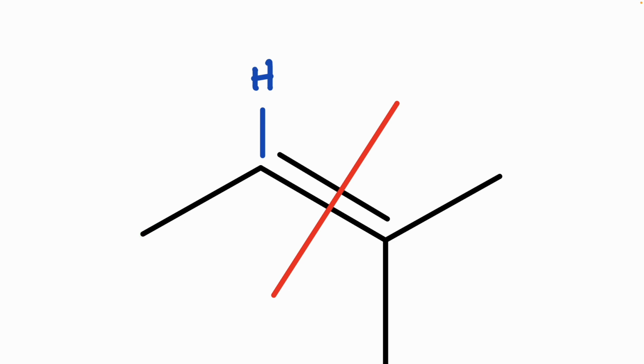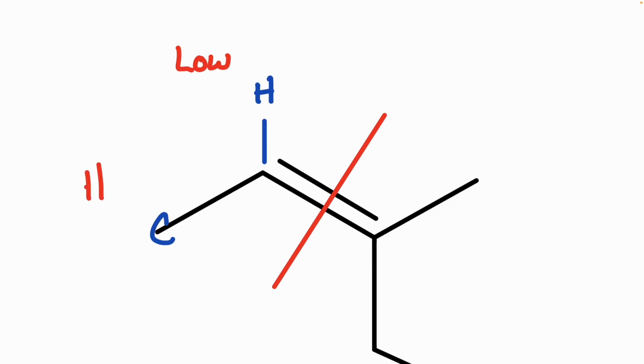So we're going to compare these 2 atoms that are bound to this carbon on the left-hand side. I have a carbon over here because it's a methyl group, and then I have a hydrogen that's implied up here. Which one's going to be my low priority group? Which one has the lower atomic number? Hydrogen. Hydrogen's always your low priority group. So this is my low priority group. The carbon is my high priority group.